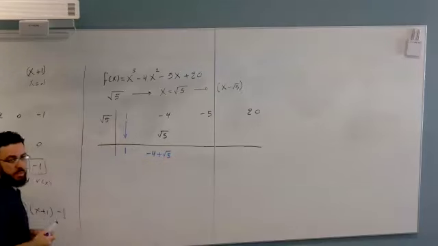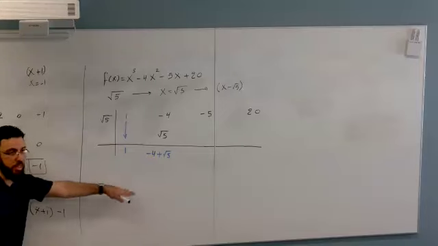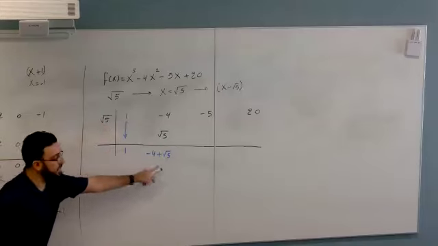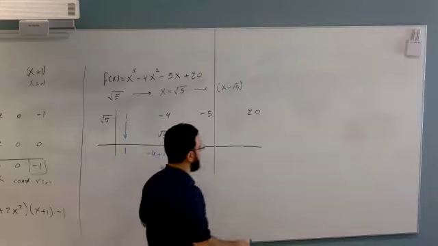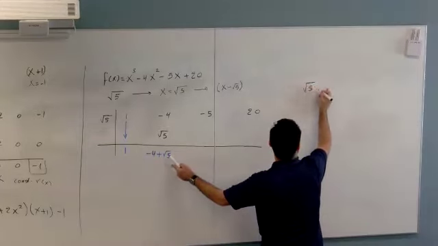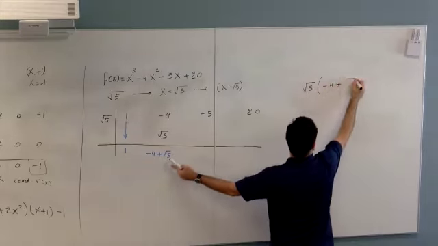Keep it like this. Don't do anything. Just keep it like this. The next step is the important one, because we're gonna go back, multiply this one times. How are we gonna multiply it? Do it on the side. Multiplying what? Square root of 5 times what? Oh, I want the whole thing.